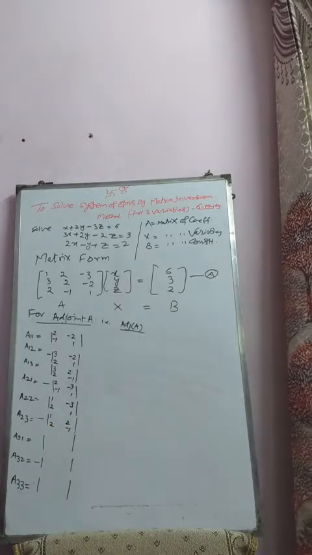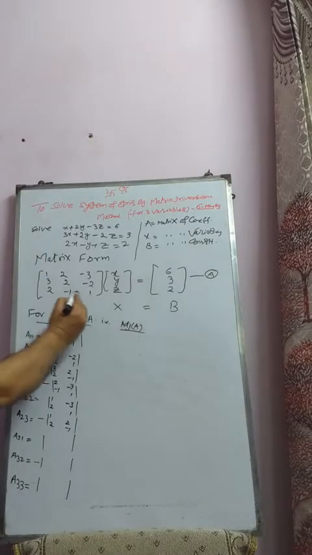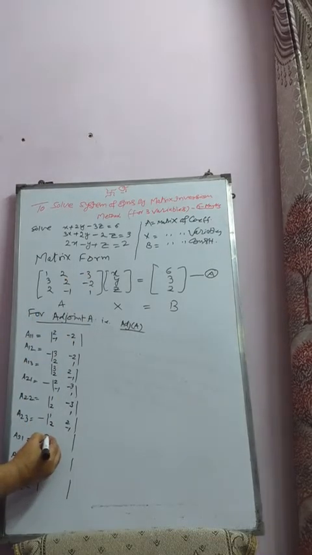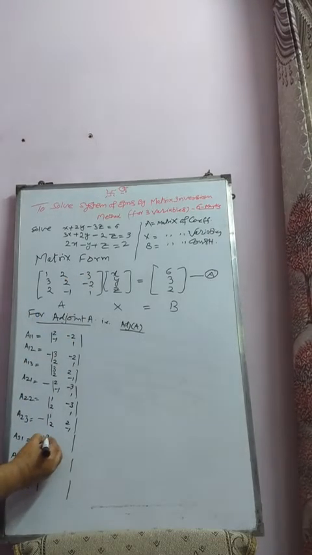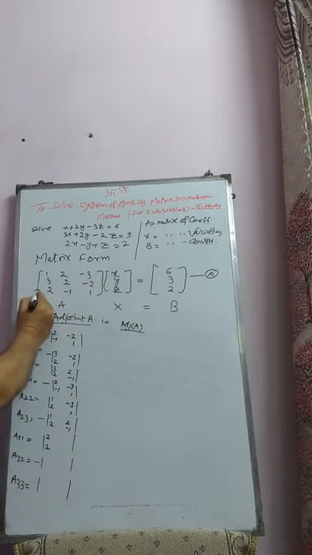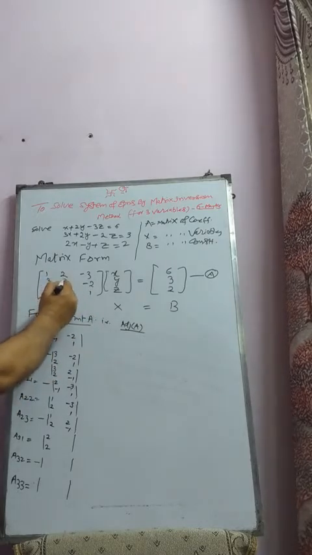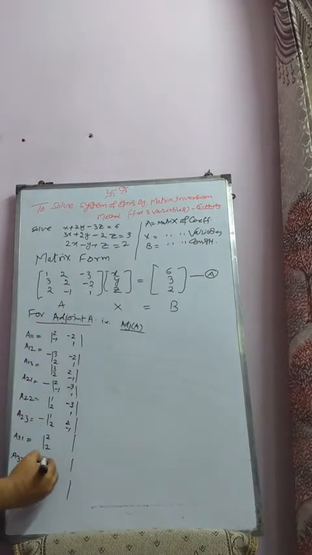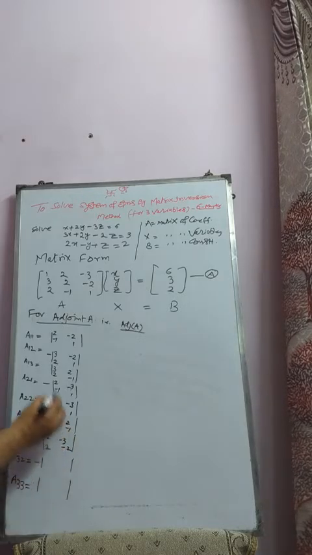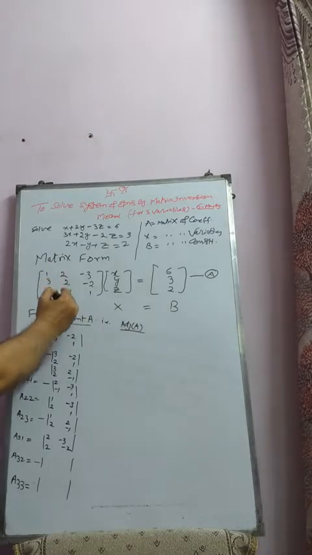Next A31, third row first column: 2 2 minus 3 minus 2. Again look here, A31, third row first column, 2 2 minus 3 minus 2.